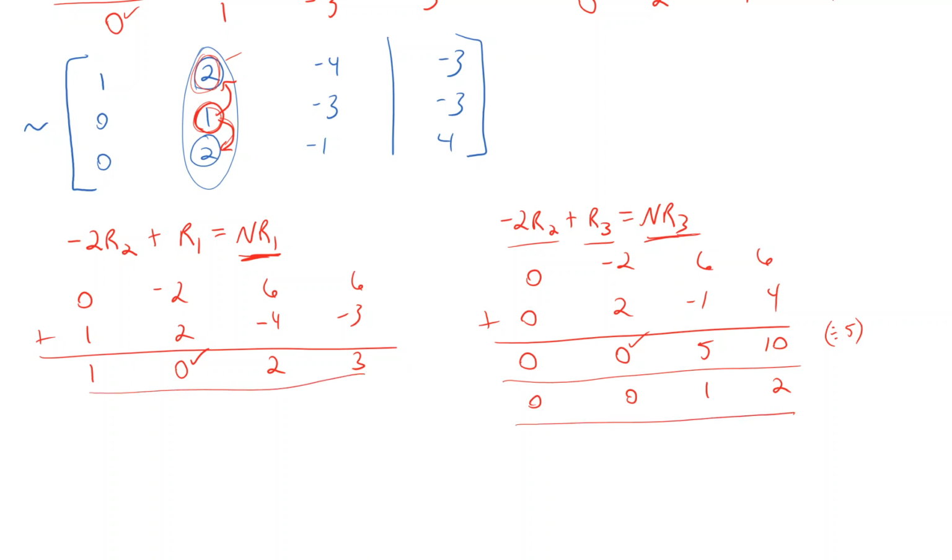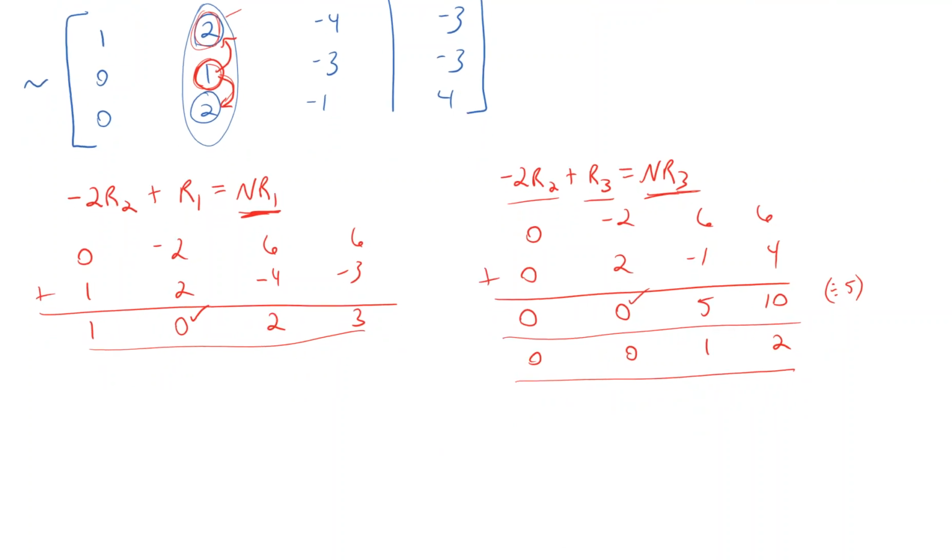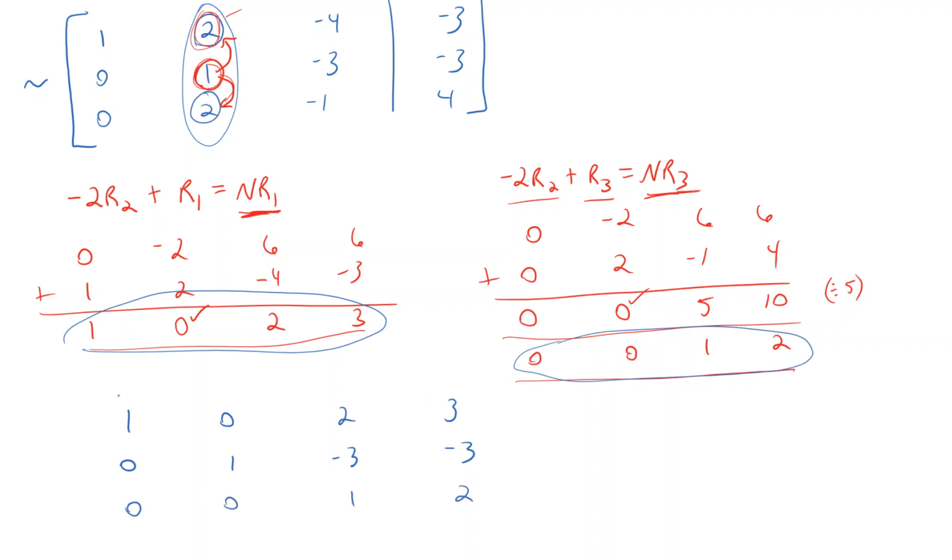So let's recopy our system, our matrix. Let's see, row 1 and row 3 changed, but row 2 didn't. So let me copy row 2, 0, 1, negative 3, negative 3. My new row 1 is here, 1, 0, 2, 3. And my new row 3 is here, 0, 0, 1, 2.